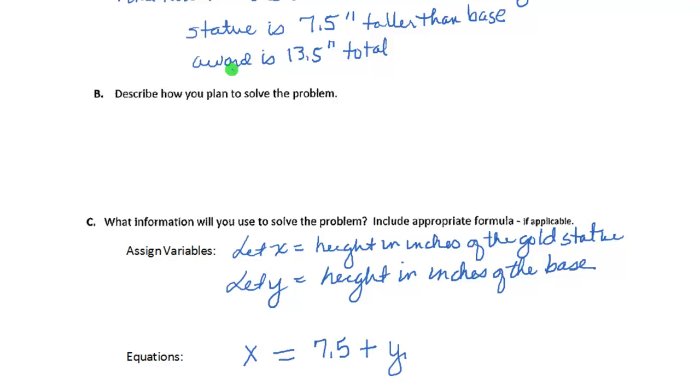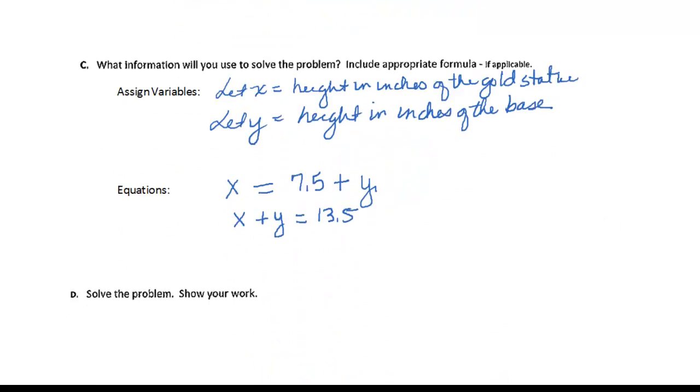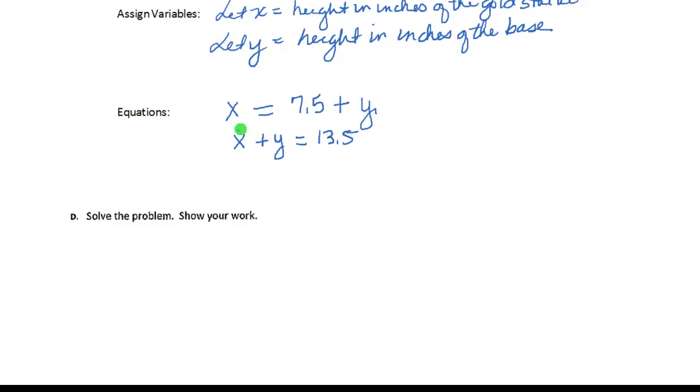The other thing we know is that the two parts together total 13.5 inches. So the statue plus the base equals 13.5 inches. Now we have our system of equations, and we want to solve them. This is really prime for the substitution method because we have one of our equations already solved.